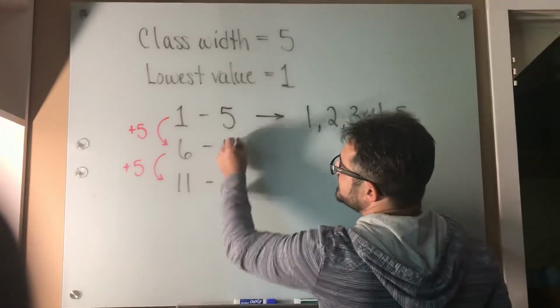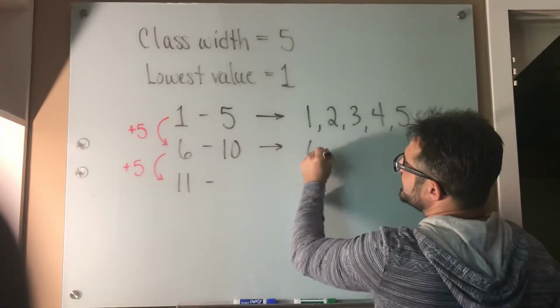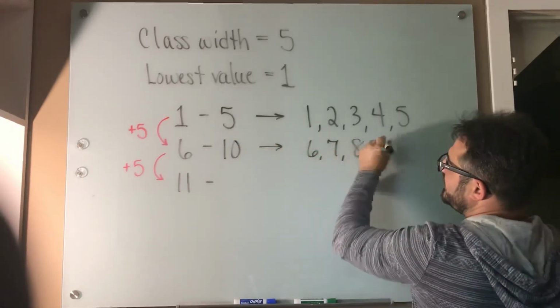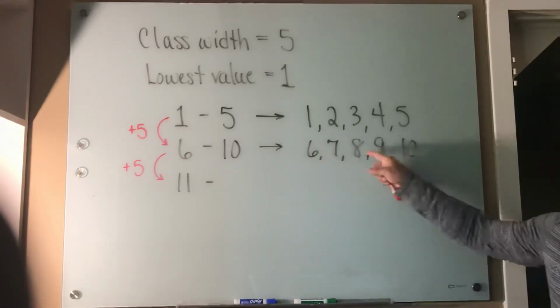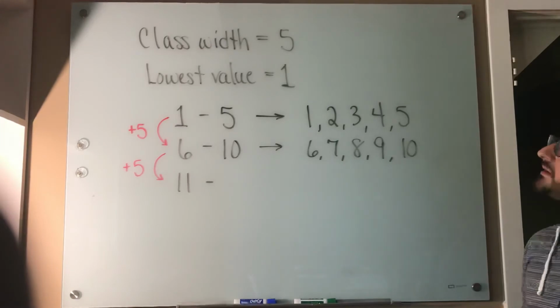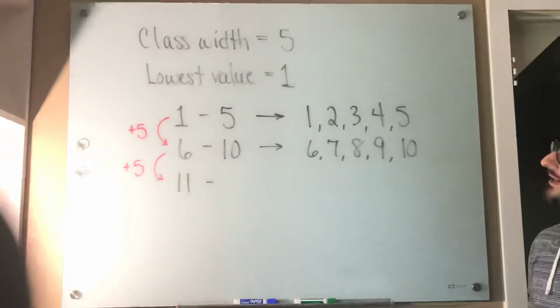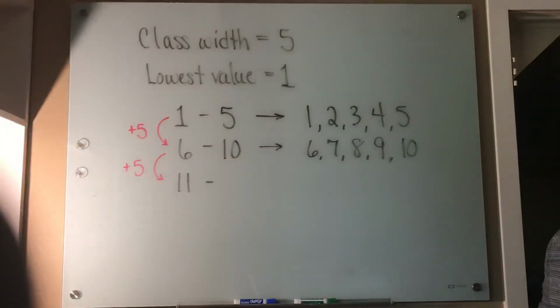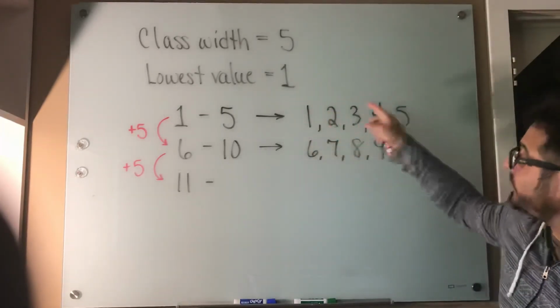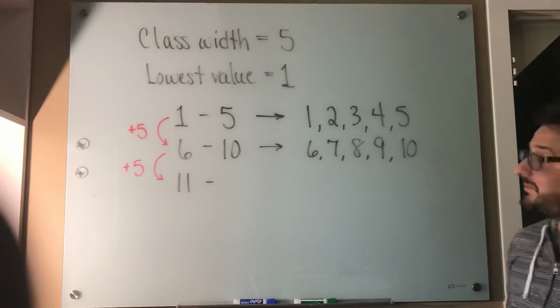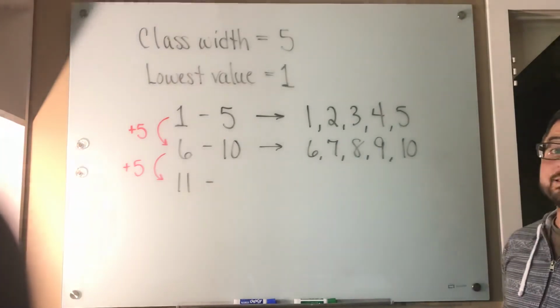The next class, 6 to 10, includes 6, 7, 8, 9, and 10. Once again, literally 5 values. So one way to interpret the class width, at least again with integer data, is that the class width deals with the actual number of numbers in that class.